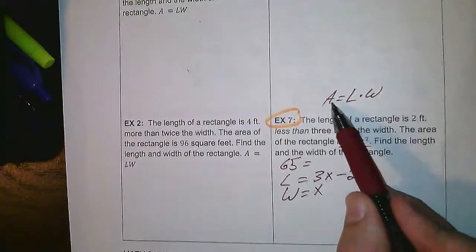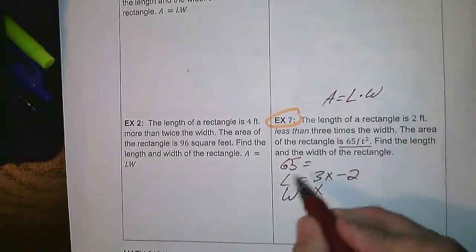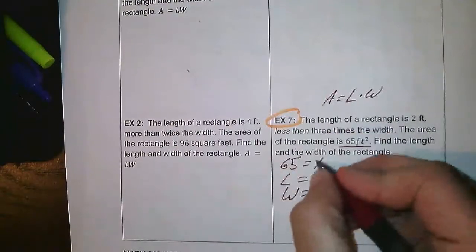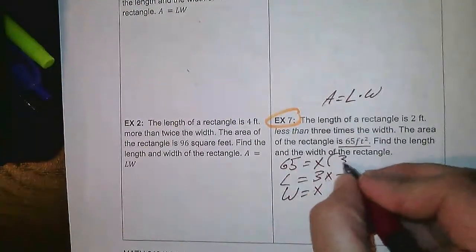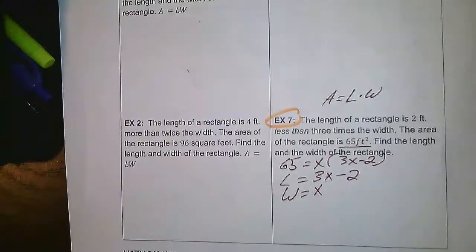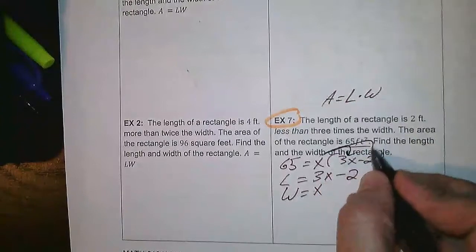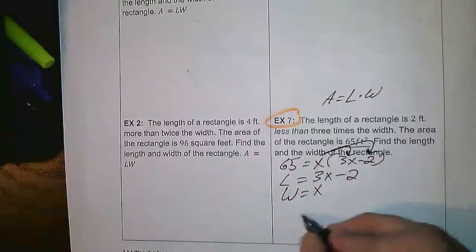So if area is length times width, then here the area of 65 is equal to X times 3X minus 2. So once we distribute, we will have a quadratic.